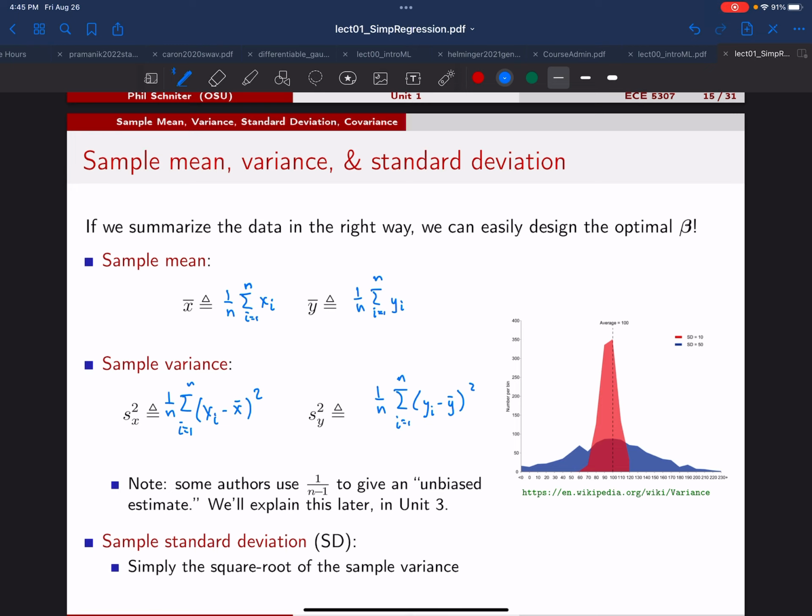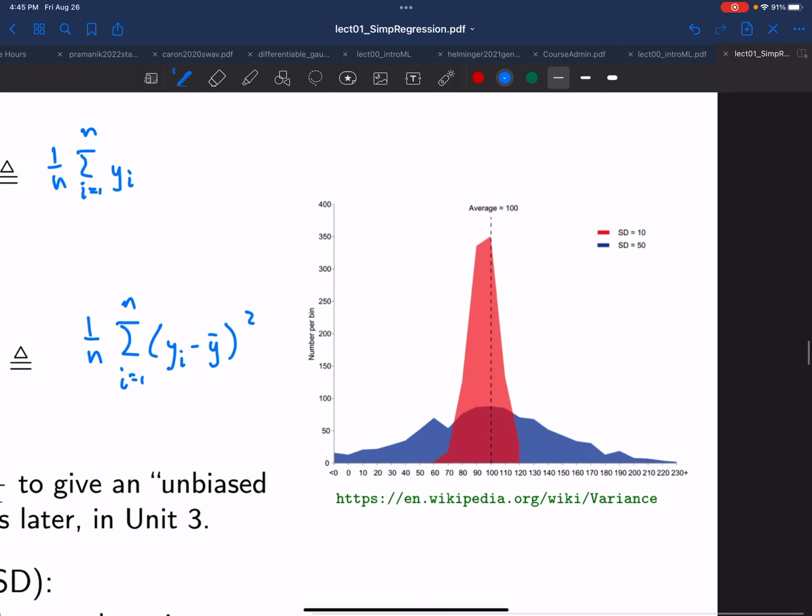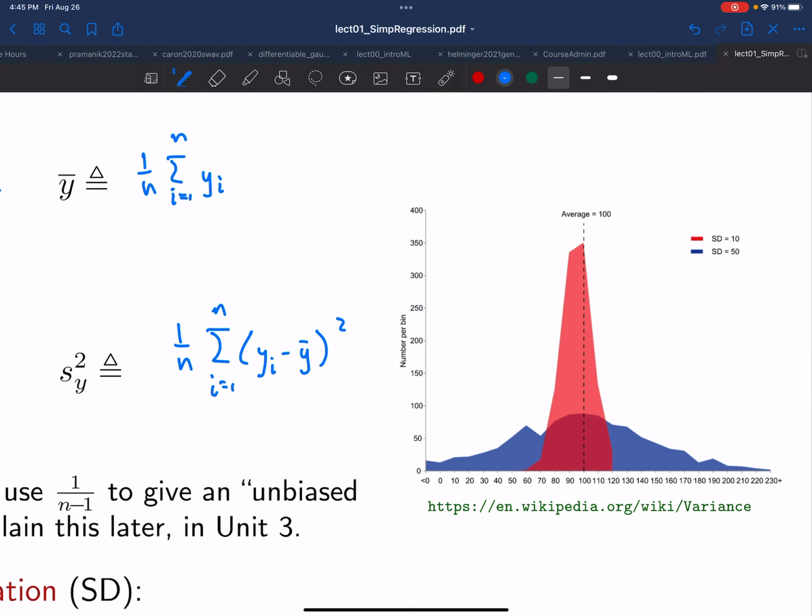One thing that's a little bit inconvenient about the variance is it's a squared quantity. So when you look at a plot like this and you say, how much does the red data deviate from its mean, you're sort of talking about, okay, it deviates about that much, plus or minus.